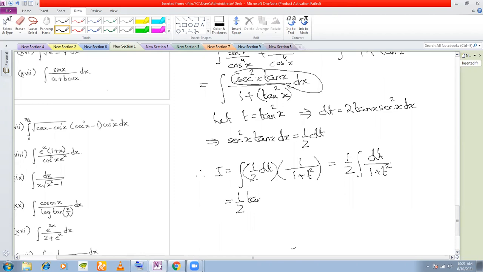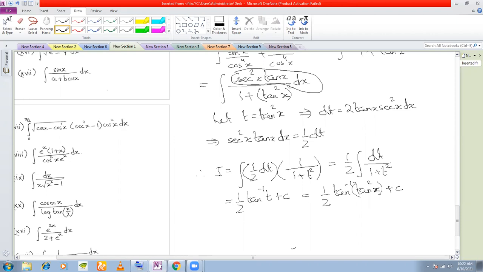So half tan inverse t plus c. Put back the value of t: half tan inverse tan x, sorry, not t, plus c. And that is your required answer.